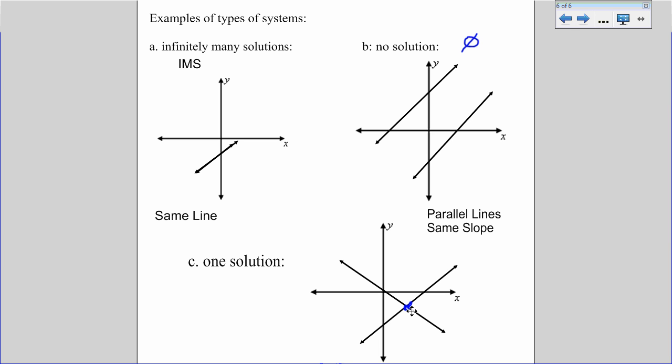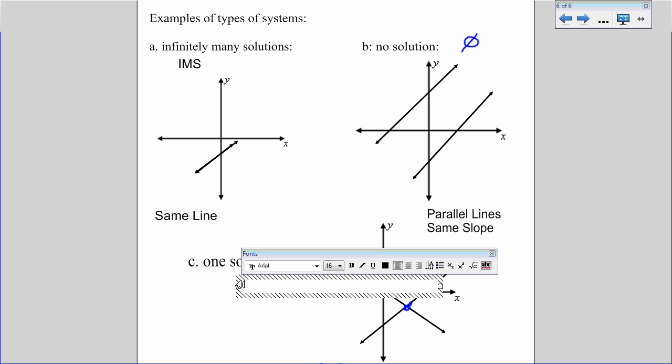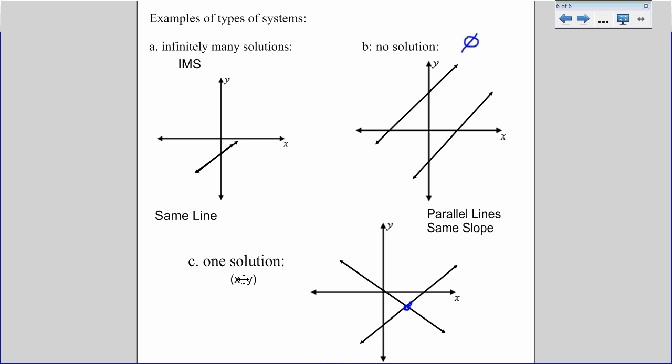And so we name that ordered pair. So one solution looks like x comma y. We name that ordered pair. All right, so hopefully that was a nice quick review of graphing systems of equations.